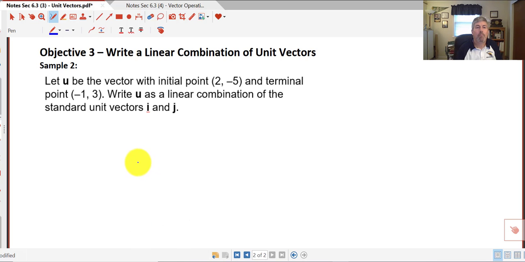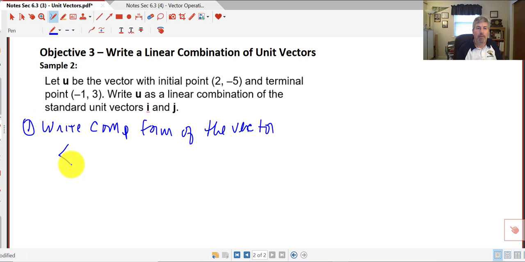We will write the component form of the vector. It becomes -1 minus 2 and 3 minus -5. So our component form of the vector becomes -3, 8.